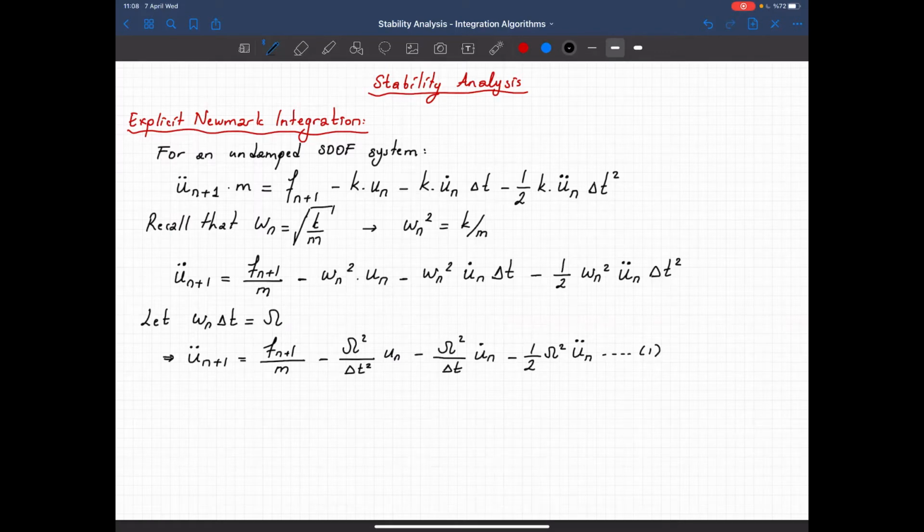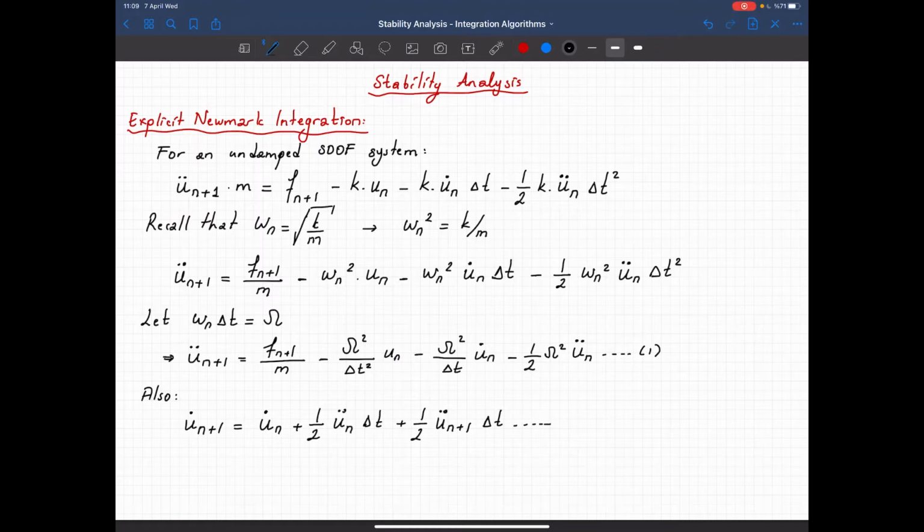Also recall that in the explicit Newmark algorithm, the velocity at n plus 1 is equal to u dot n plus 1 over 2 u double dot n delta t plus 1 over 2 u double dot n plus 1 delta t.